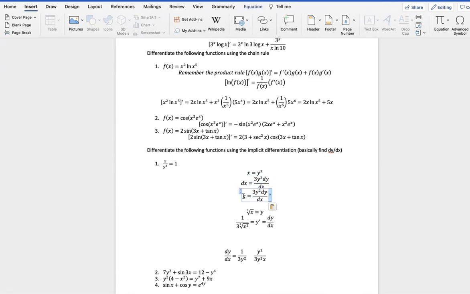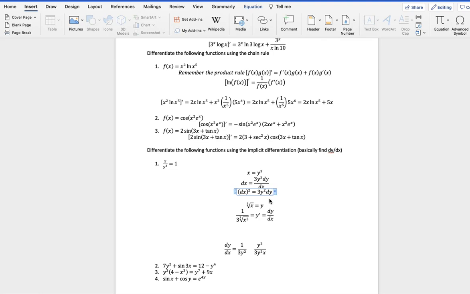On the left hand side you have dx squared, and on the right hand side you have 3y squared dy, which is, remember, you're trying to find dy over dx, not dy over dx squared.